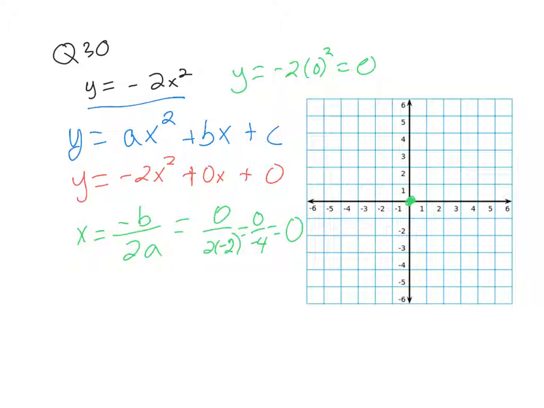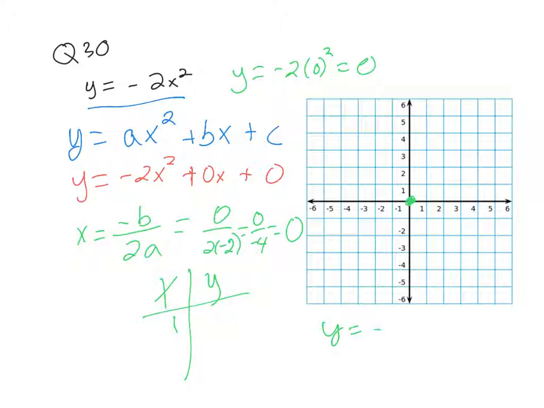To figure out more of what this looks like, just plug in some more values for x and y. With a parabola, when you plug in a positive value for x and get your y answer, that's going to be the same y answer as that same number with a negative. So if I plug in 1, that would be 1 squared.